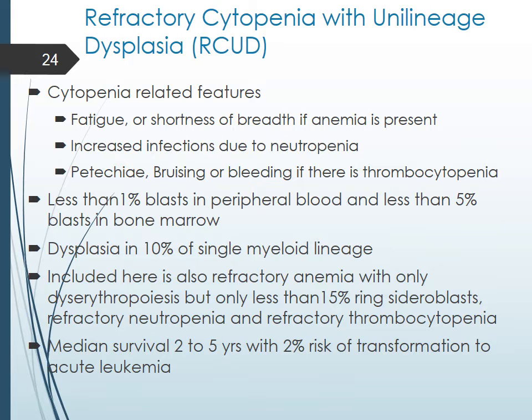Dysplasia might be present in more than 10% of a single myeloid lineage. Okay, unilineage, one myeloid lineage will have dysplasia. And there is refractory anemia with only dyserythropoiesis, fewer than 15% ringed sideroblasts.